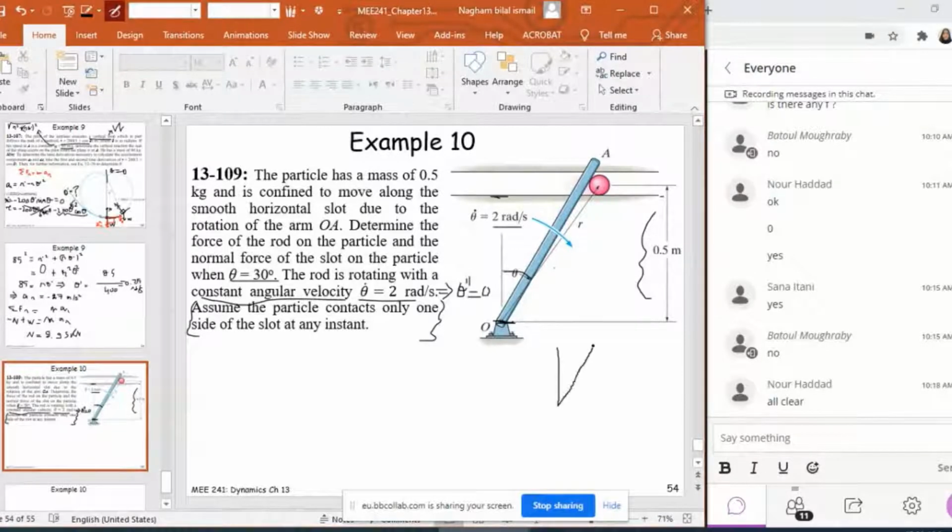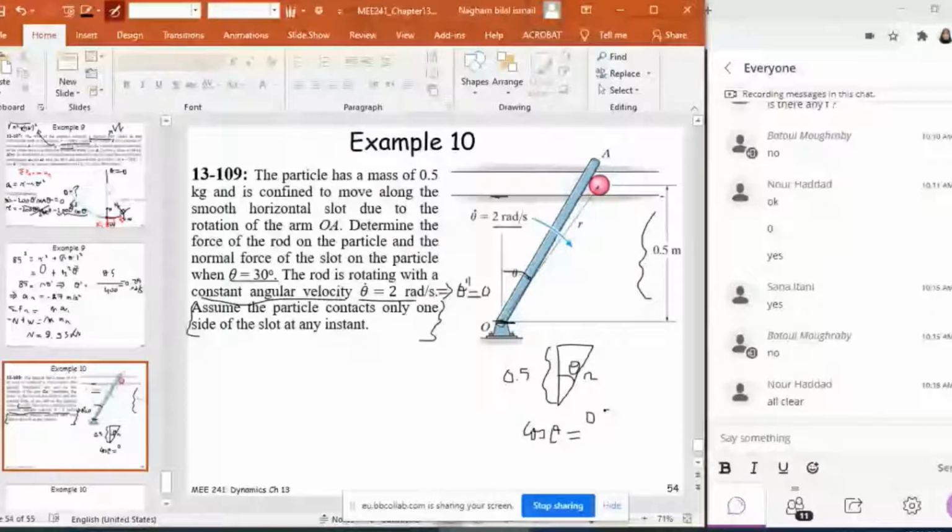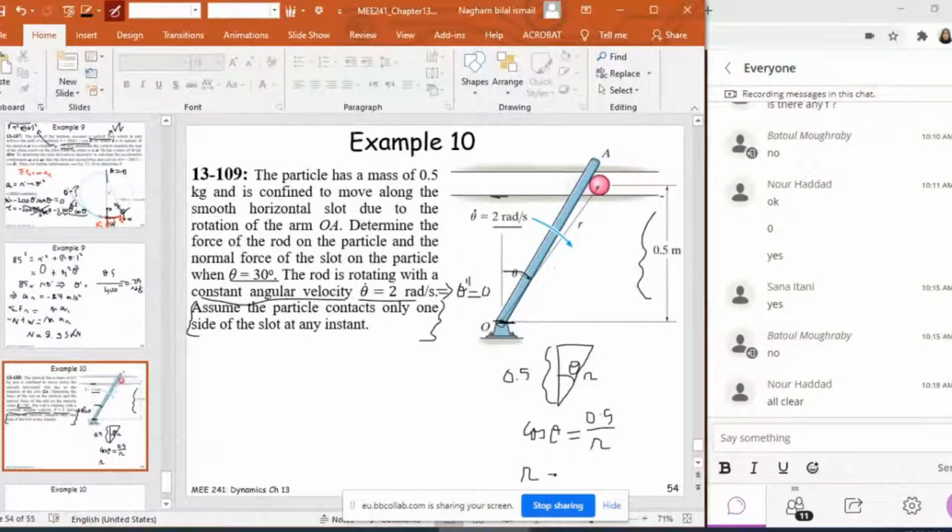If I draw this triangle, this is R, this is theta, and this is 0.5. What does this mean, guys? Cosine theta will, of course, be equal to 0.5 over R. And this means, guys, that R is equal to 0.5 over cosine theta, or 1 over 2 cosine theta.